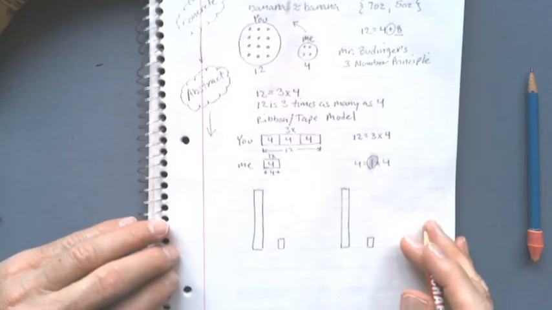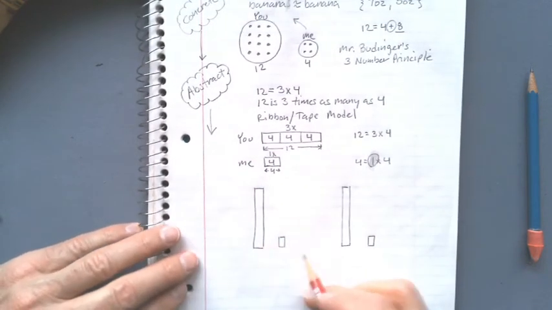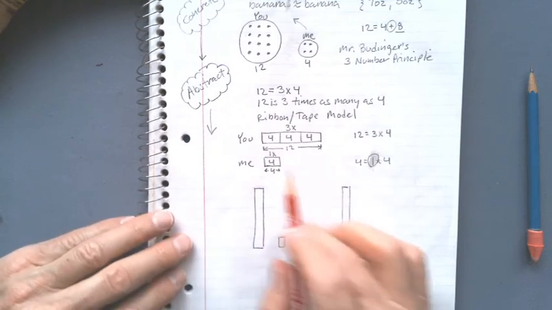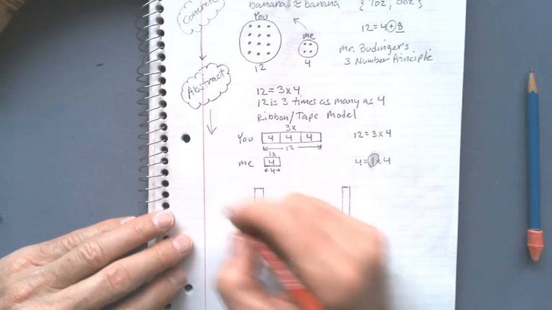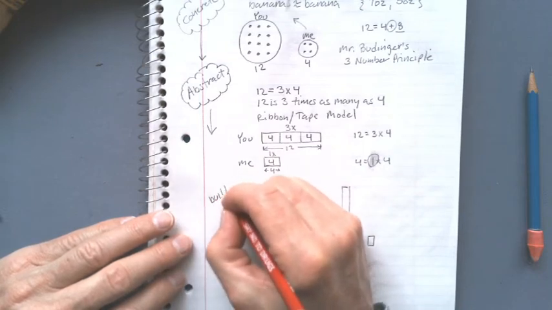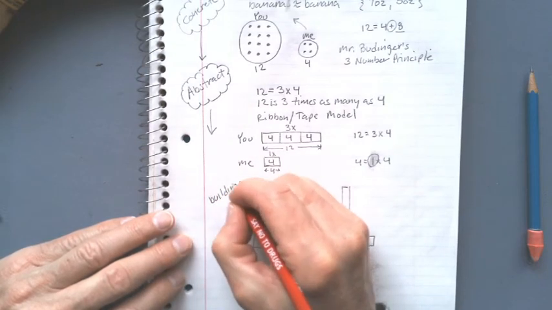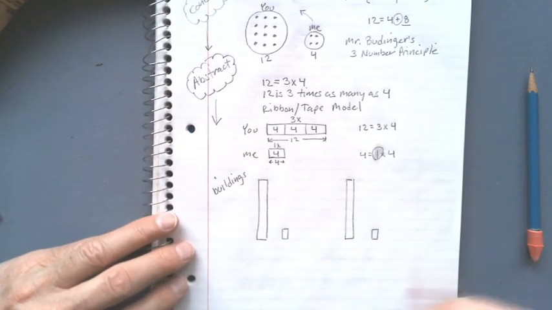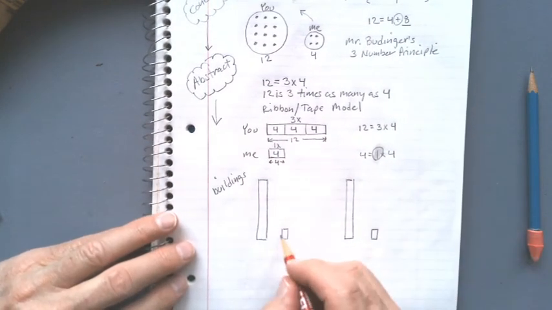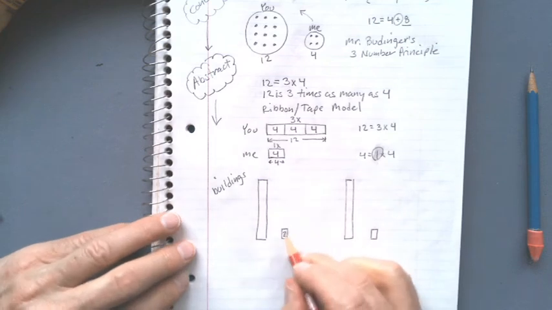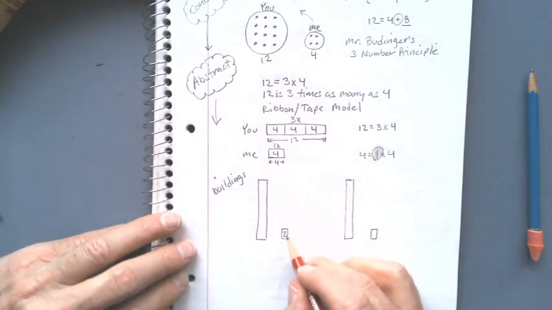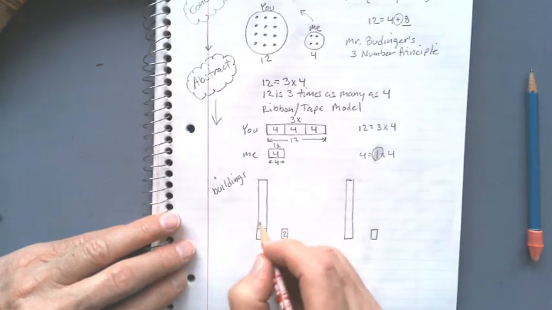And let's say these are two buildings, and whatever we measure in these two buildings, we're going to keep consistent with what we measured in our ribbon models here. So let's say these are buildings. And let's say this building down here, remember we're going from smaller to larger, we're measuring 2. This is going to be our unit of measurement as 2.